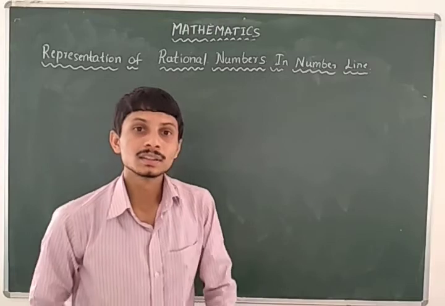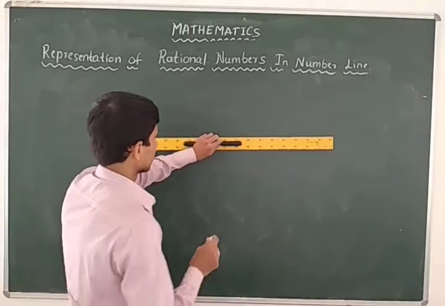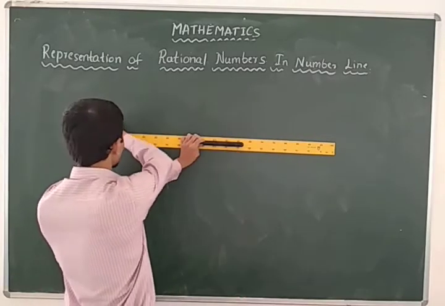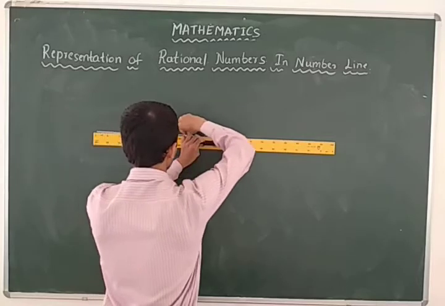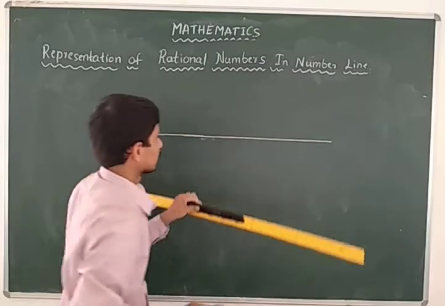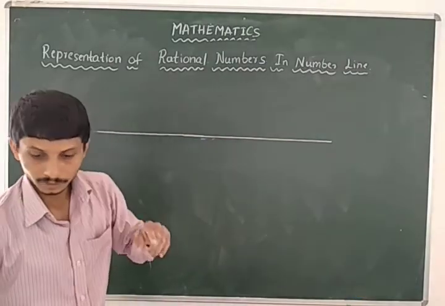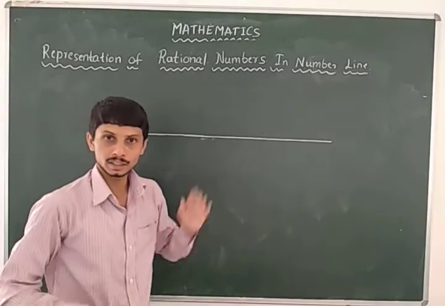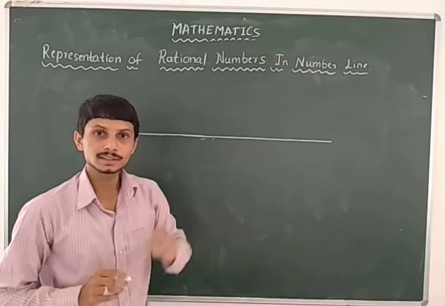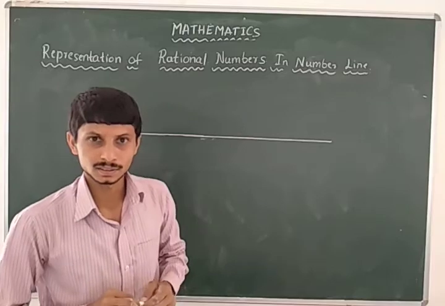So let us draw a number line with this meter scale. It's a simple straight line we draw here, and we have to represent the rational numbers on this line. We have to consider some cases.